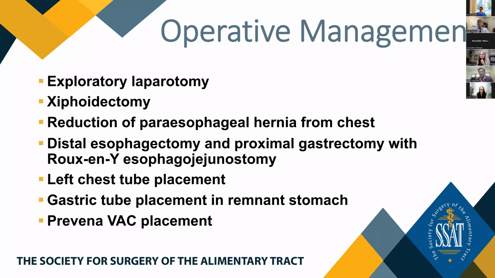But when you straddle the hiatus, I think it's miserable for these patients. So I favor, and literally we make this Roux limb like 75 to 100 centimeters long to try to prevent bile reflux in these patients. So that was our thoughts, but I'd really appreciate your input on that.